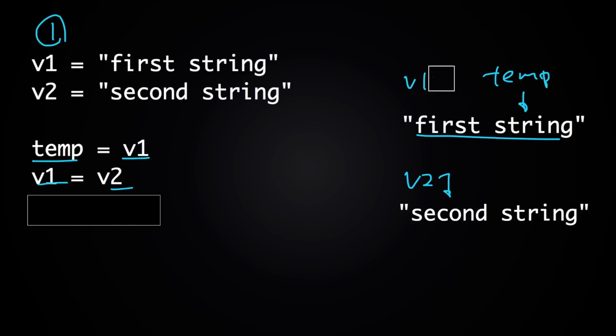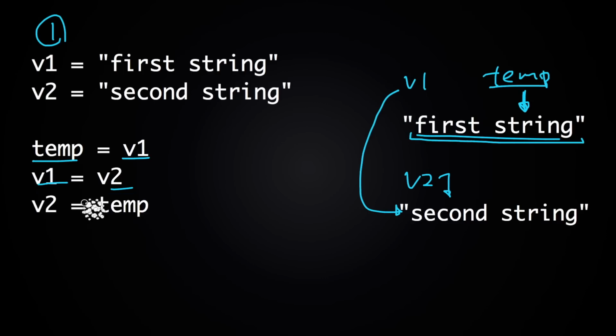So v1 will no longer refer to first string, and then it will refer to second string instead. And at this point, note that the first string, this string, is not lost yet because we have a variable pointing to that value. So after that, all you need to do is refer v2 back to whatever temp refers to, which is first string. So v2 will refer to first string after these lines of code, and then v1 will refer to second string.